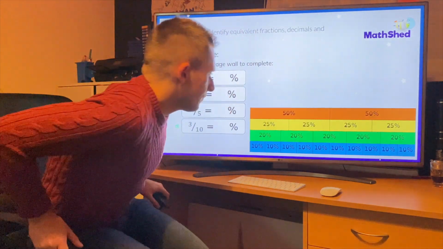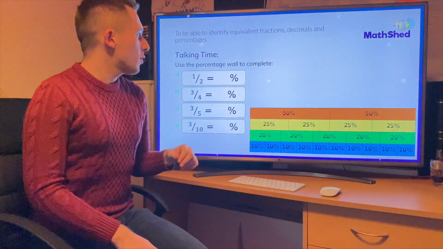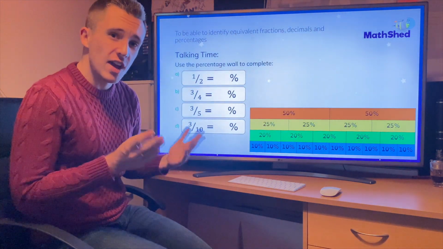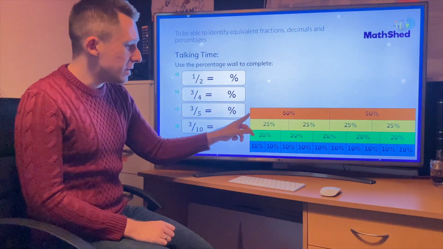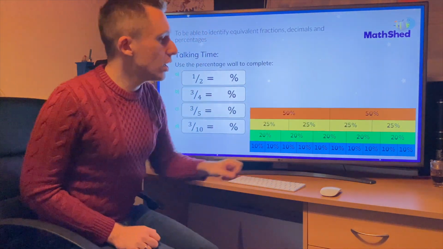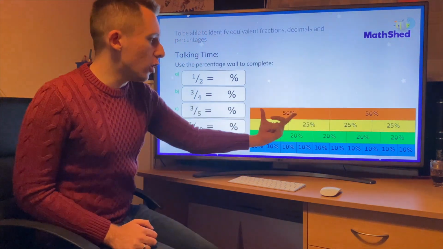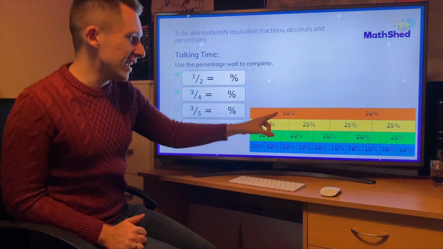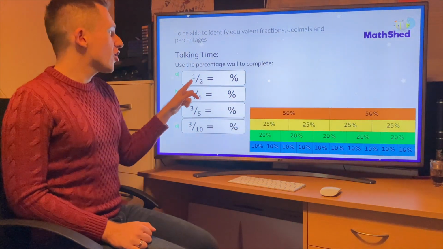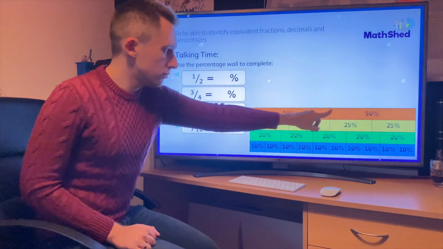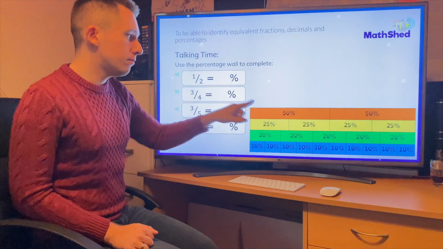So this time, we're looking at it slightly differently because we have a percentage wall, and this shows us the relationship between fractions and percentages. So if you had from here all the way to here, that's one whole. So halfway, we've got 50% and we've got 50%, splitting it into 2. So 1/2, we've got 2 bits, and we want one of them.